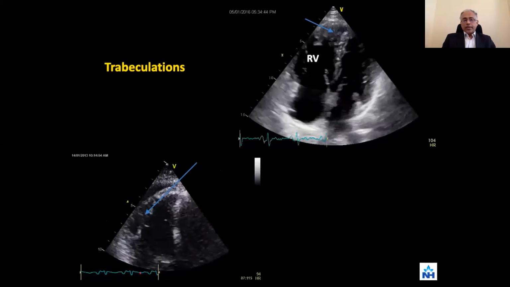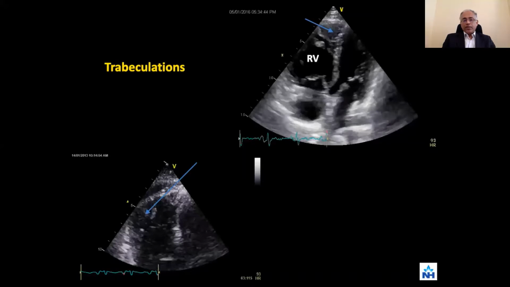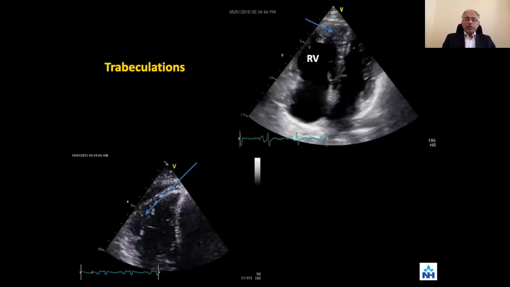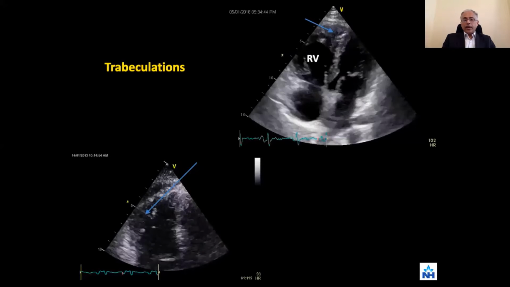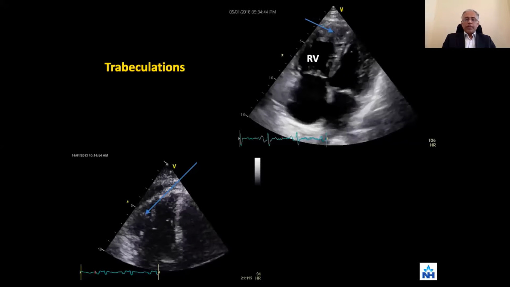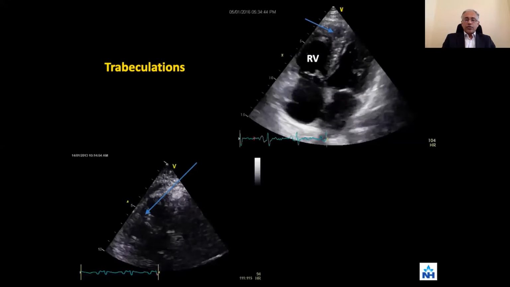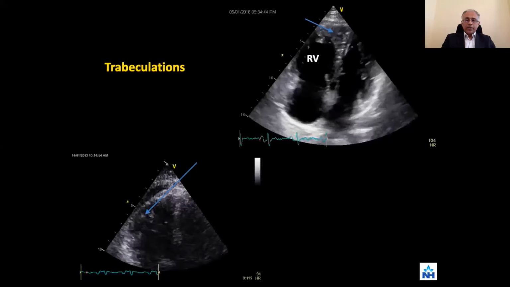So this can be a problem again, especially when you have a dilatation of the RV and when you have a patient where you're supposed to look for any RV thrombus. So just be aware again that these trabeculations can mislead you into thinking that it is a mass. It could just be the trabeculations per se.